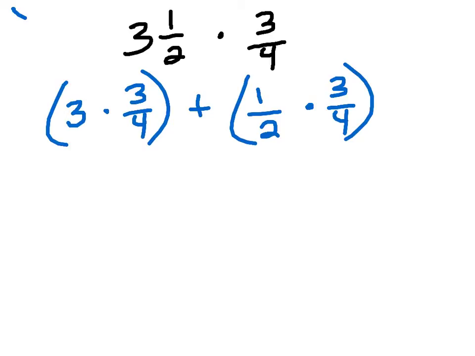So looking over on the left hand side here, 3 times 3 is 9 over 4, plus 1 times 3 is 3, and 2 times 4 is 8.